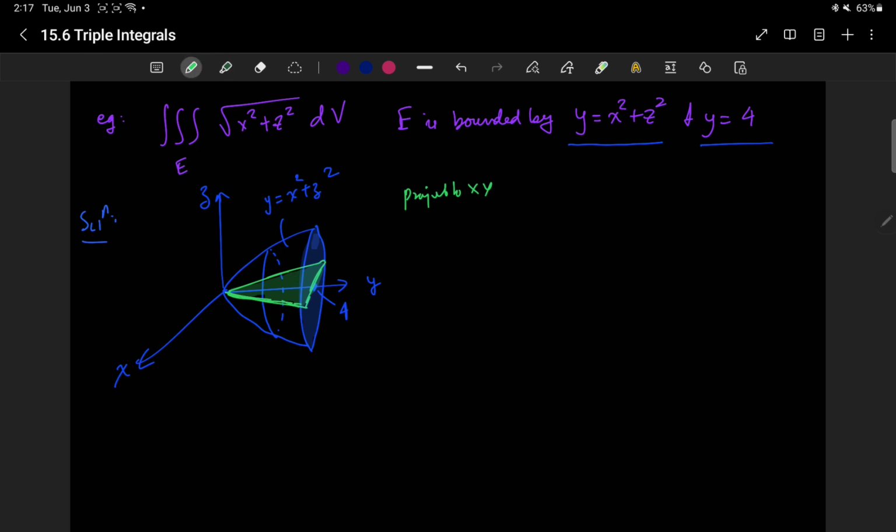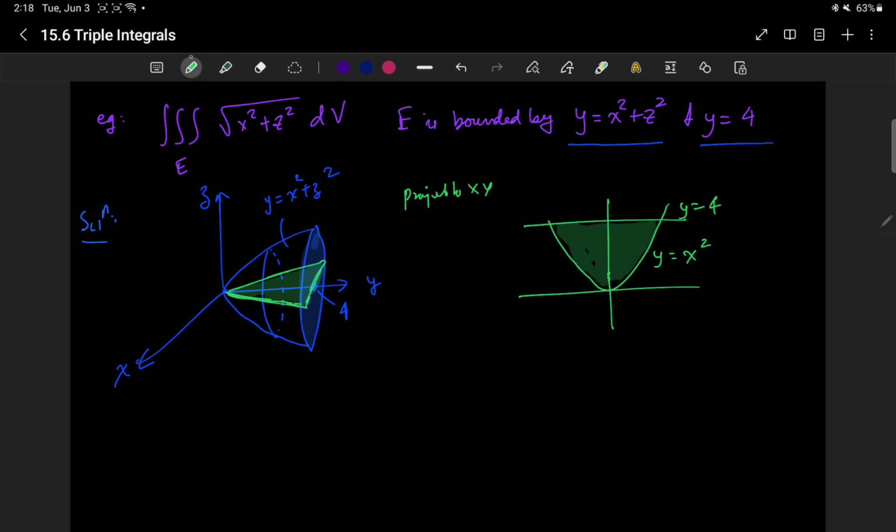I end up with a parabola where we have y equals 4 being cut off, and this is y equals x squared. Why is that? Well, plug in z equals 0, you get y equals x squared. So this will be the region that we are working with.